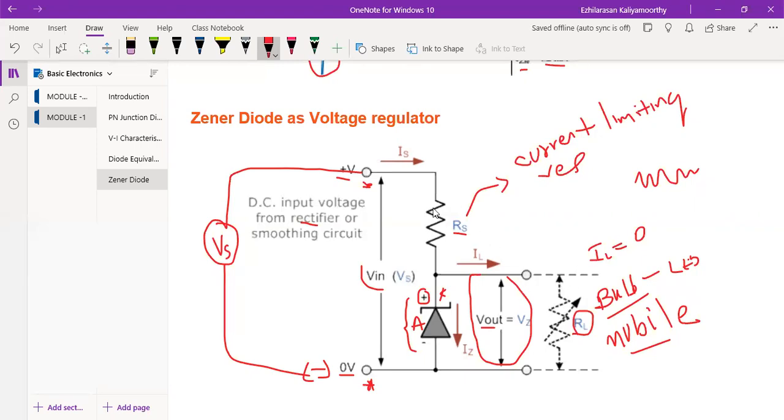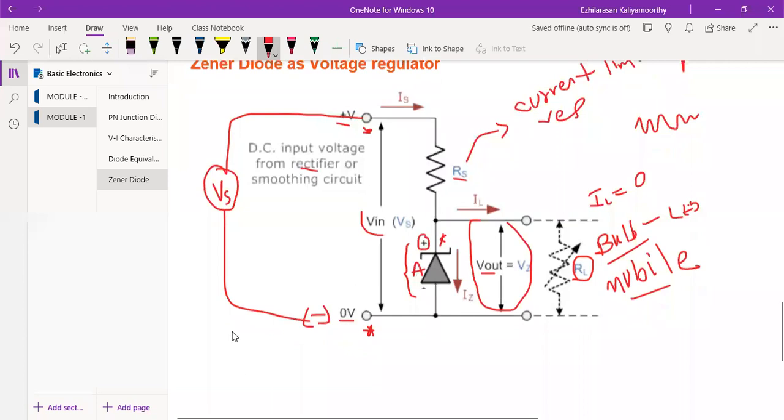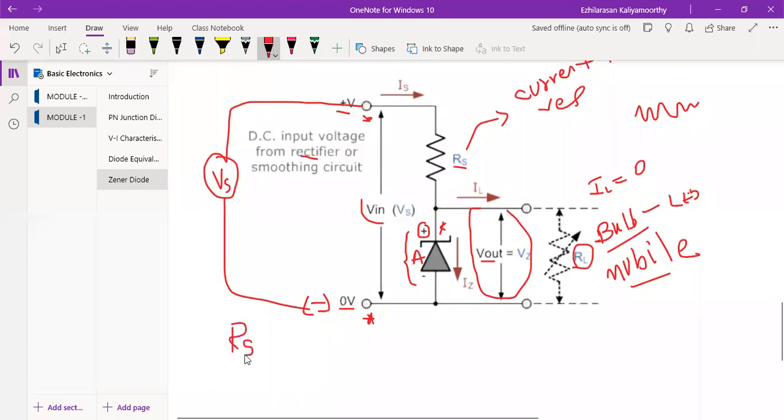Also, a small value of series resistance RS will result in a greater diode current. See that, very important. If RS is small, then a large current will flow, and it will dissipate maximum power.